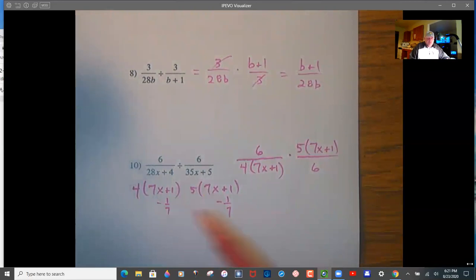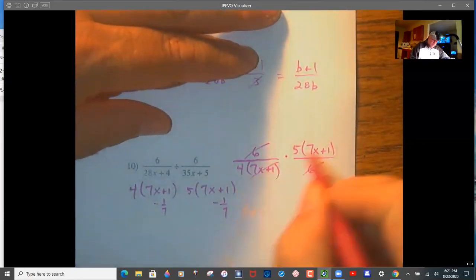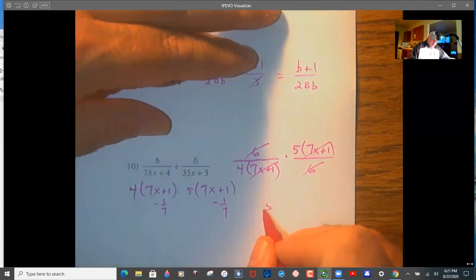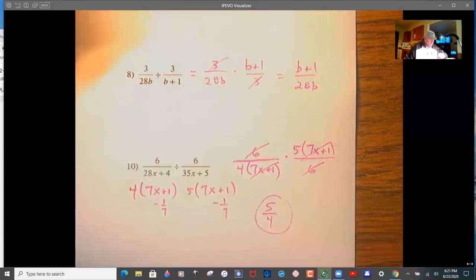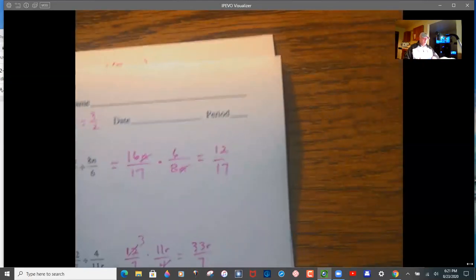So 7x plus 1, 7x plus 1, and then the common factor, you can just figure out 5 times 7 is 35. Or think of it like a common factor. Either way, it will work. So 5 over 4 is the reduction. These become pretty easy once you can use technology to help you factor.